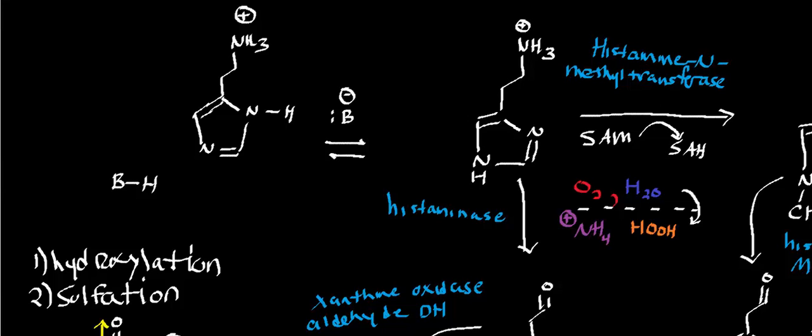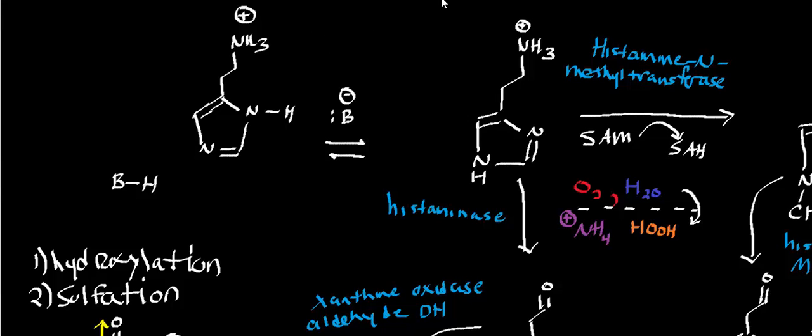Now, one thing I want to say just for the purpose of the mechanisms here is that typically the way I draw histamine or histidine or whatever is from the perspective of a tautomer. Okay, so there are two tautomers that exist in histamine. What you can essentially do is something like this.